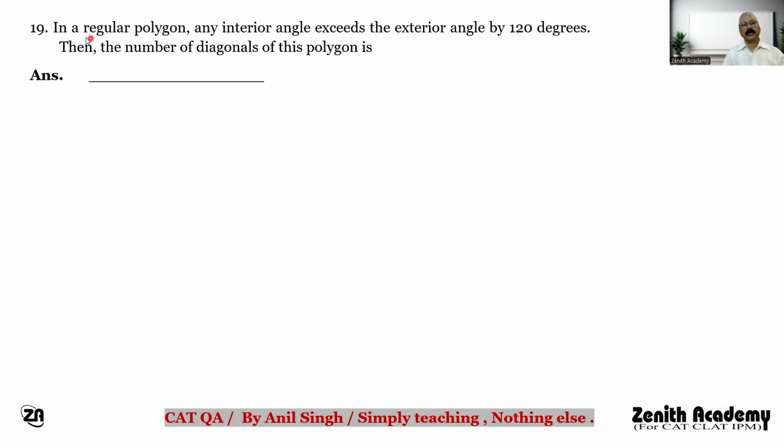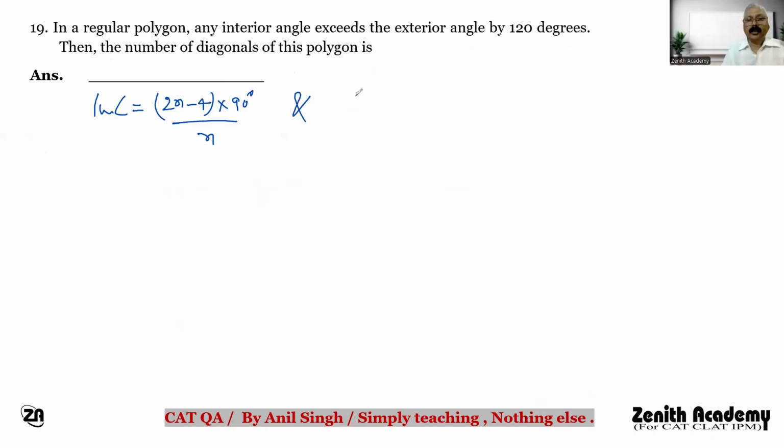Question number 19. In a regular polygon, any interior angle exceeds the exterior angle by 120 degree. Then the number of diagonals of this polygon is. So interior angle is equal to the sum of interior angle, twice n minus 4 into 90 degree by n.